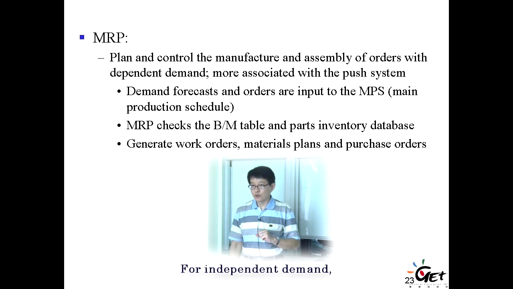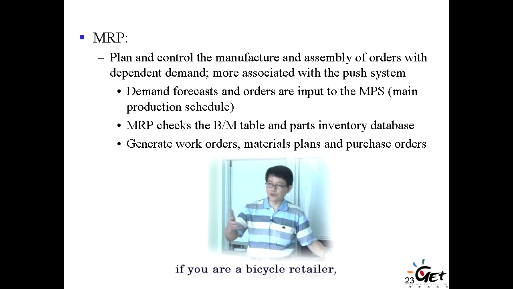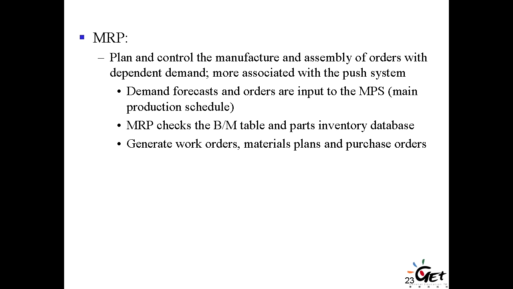For independent demand, for example, if you are a bicycle retailer, then you place an order to the suppliers. Right? So you say I want 100 bicycles. Basically, the demand for bicycles typically will be independent demand.